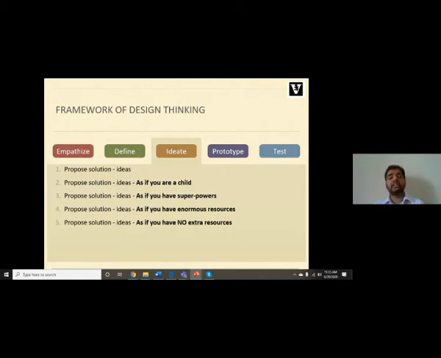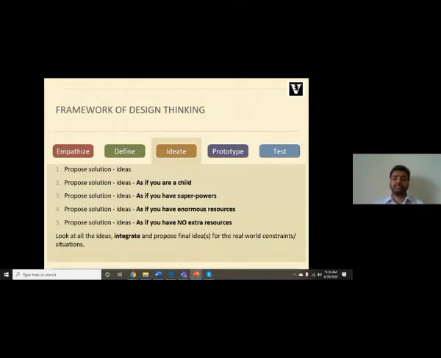Then another perspective could be to assume that you have no extra resources, maybe zero resources. For example, with just 1,000 rupees in your hand and only you working on your idea, how will you solve the problem? So these are the different constraints that we can put on our thought processes, on our ideation processes, in order to come up with different perspectives.